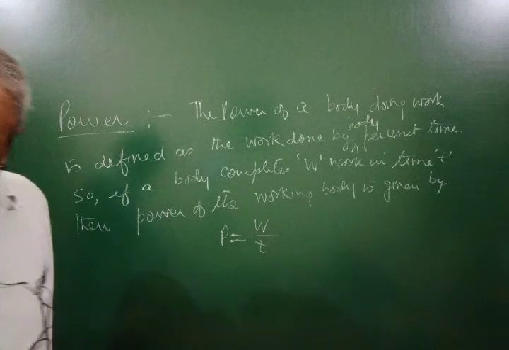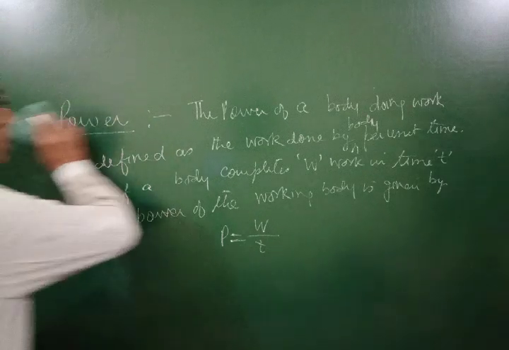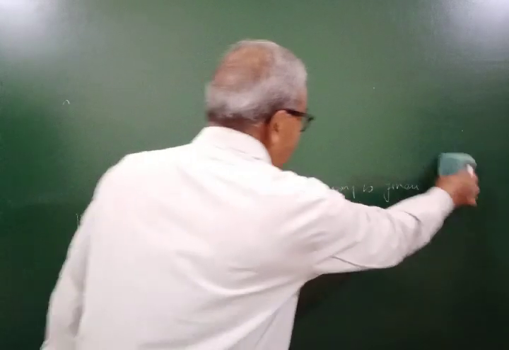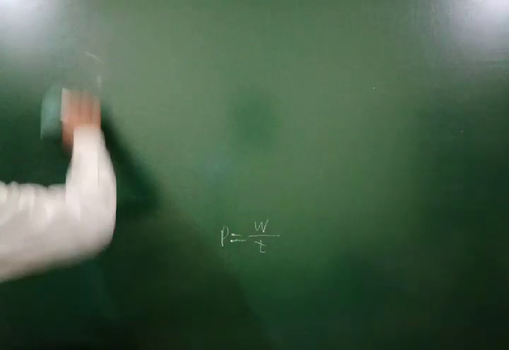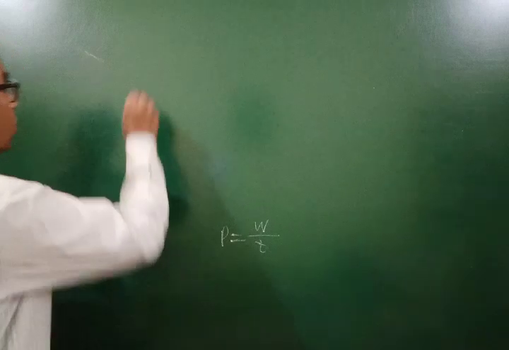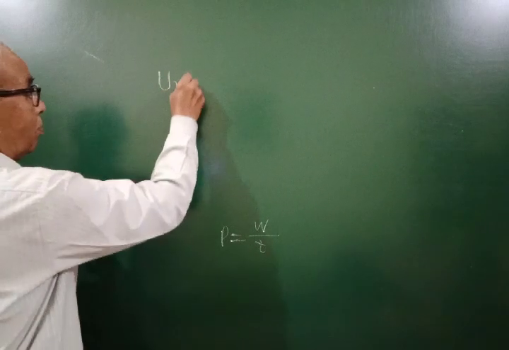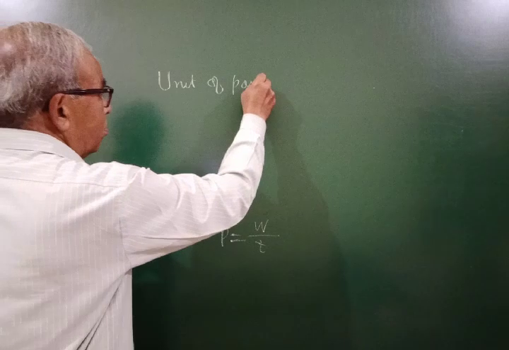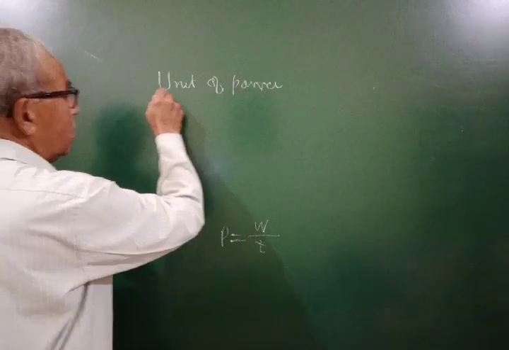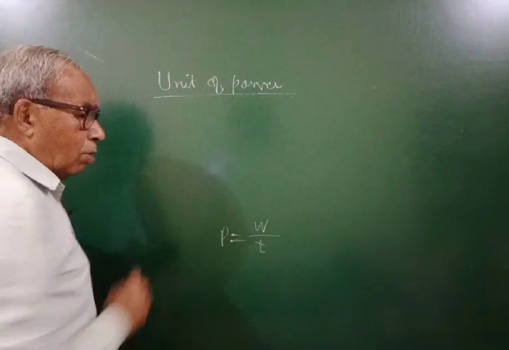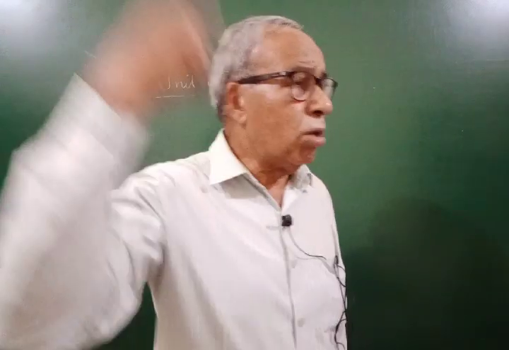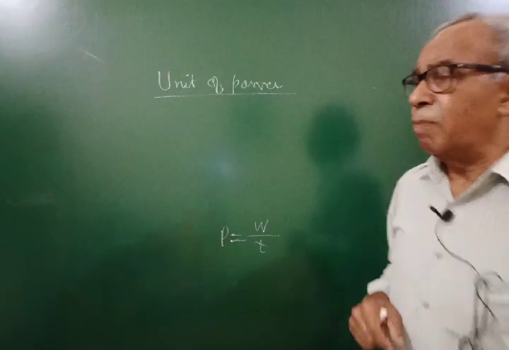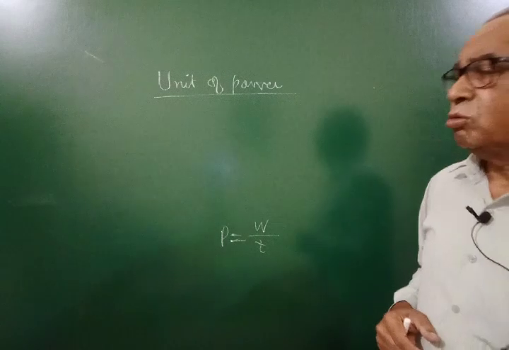Now power is W upon T. Now we come to physics measurement. Measurement is in units. Now, units of power. Listen very carefully, dear learner. Things are simple, but the problem is that something already present in our brain keeps on interacting and posing facts which you should understand.